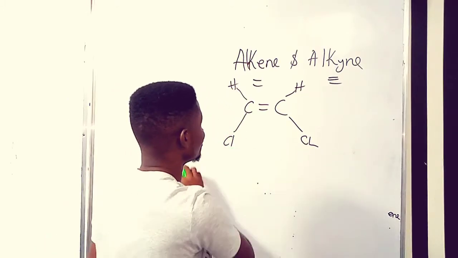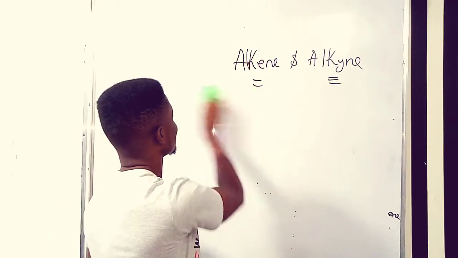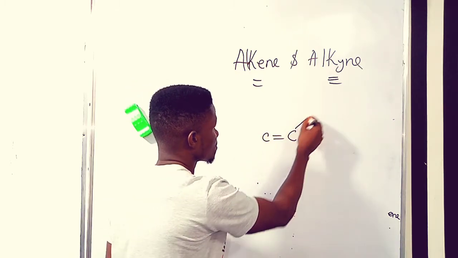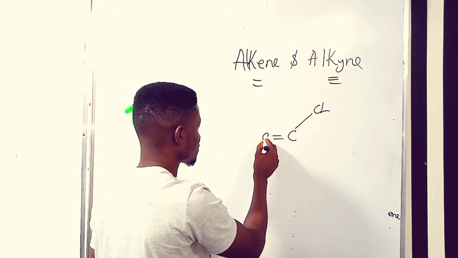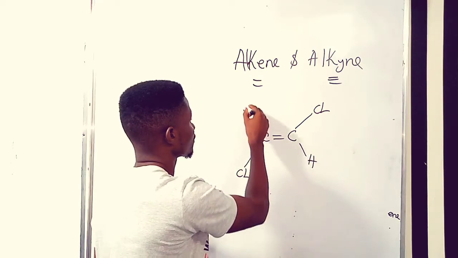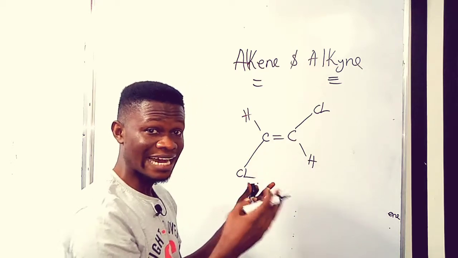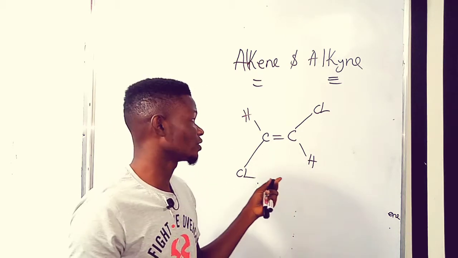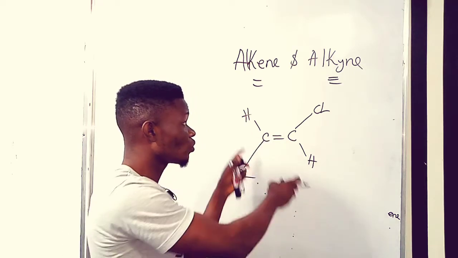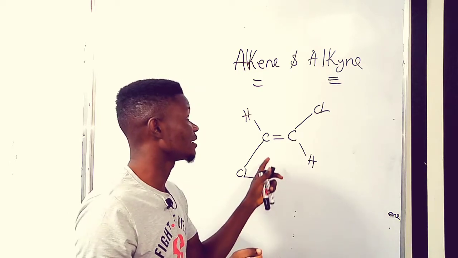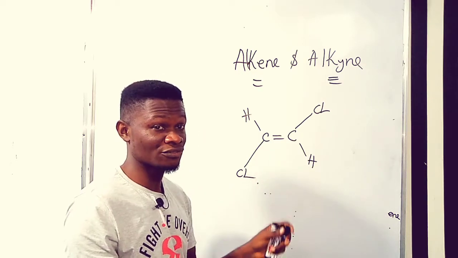Let's take an example in the case of the trans format. We have this. When the substituent is being attached in the opposite direction, we call this the trans. If you look at these two compounds, they are just the same, but the difference between them is they are isomers of each other.